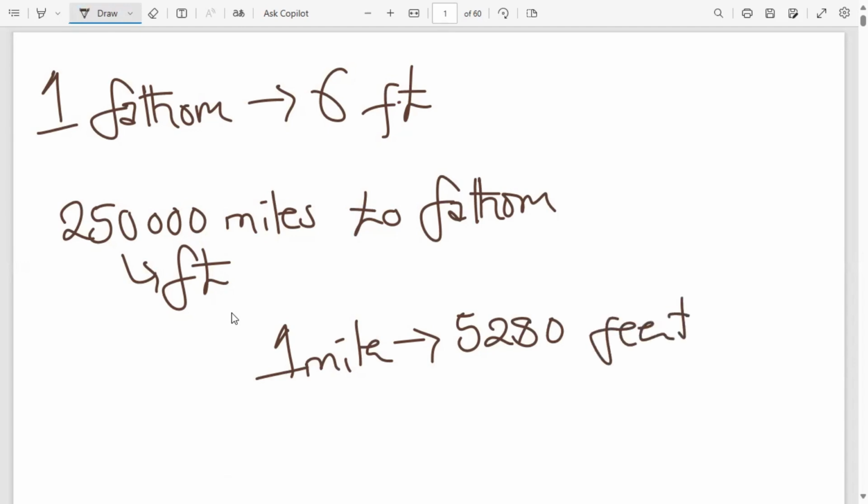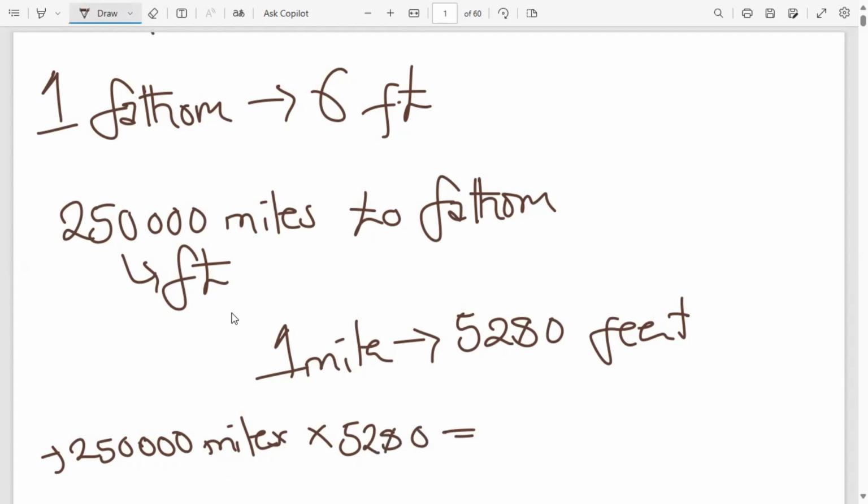So we convert the miles into feet by multiplying 250,000 miles by 5280. This gives us 1,320,000,000, and these are the feet.